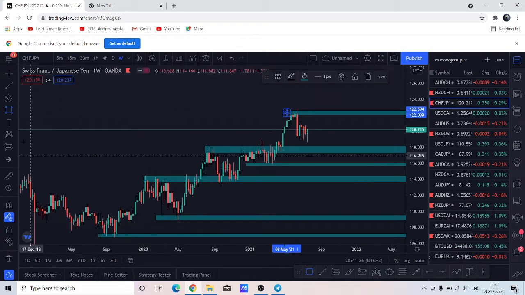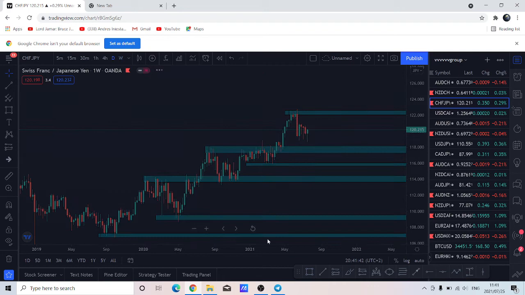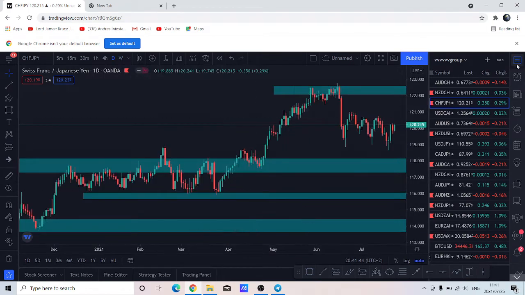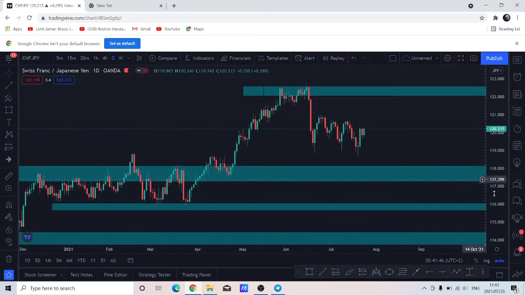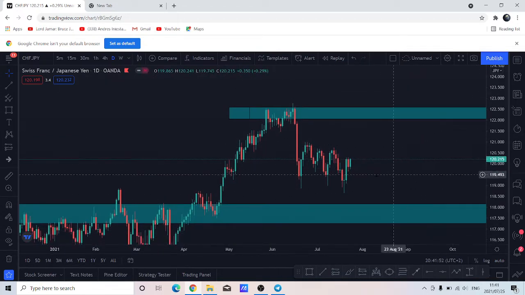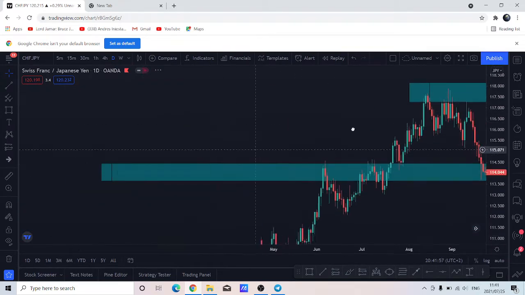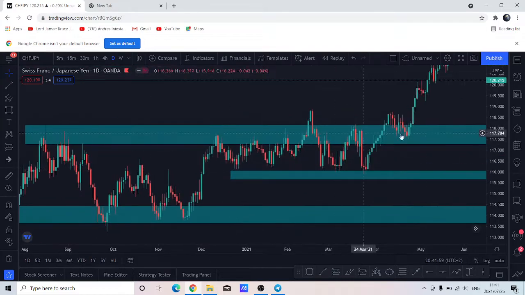So now I will be jumping to the daily time frame. Okay, let's go to the daily and let's remove this. On the daily time frame, I'll still be focusing on the recent data. I focus on what I see on the screen. I don't scroll back like this.